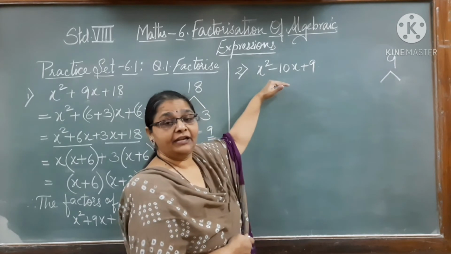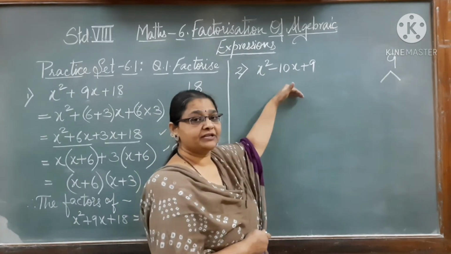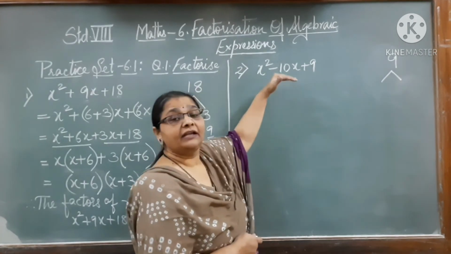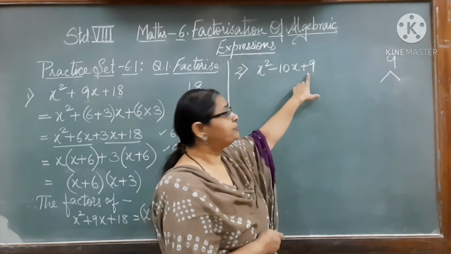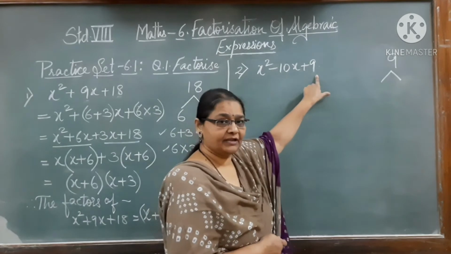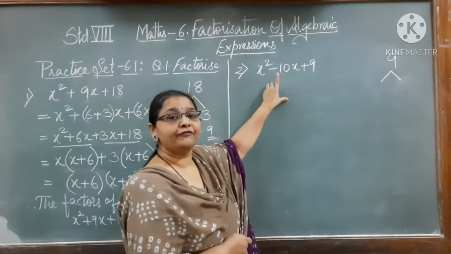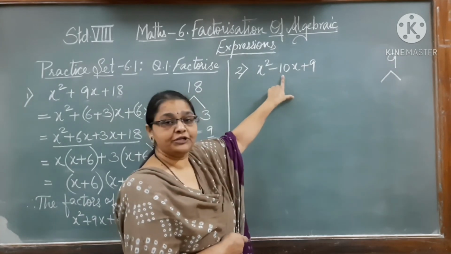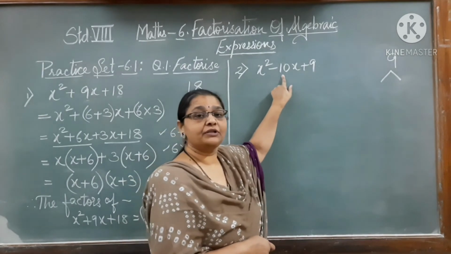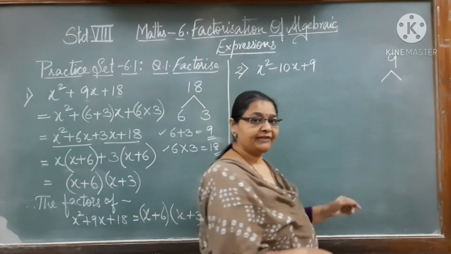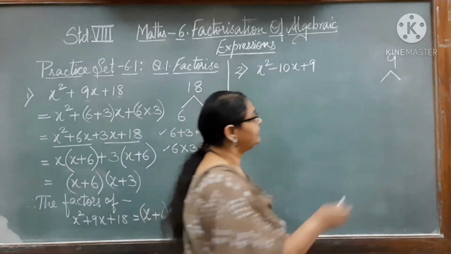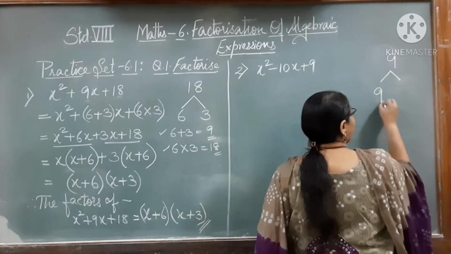For that, I need to find those two factors in such a way that the numbers, if multiplied, should be equal to plus 9, which is in the constant place, and the sum of which should be equal to minus 10, which is the coefficient of the middle term. So let me see which two factors I can take. I can take 9 and 1.